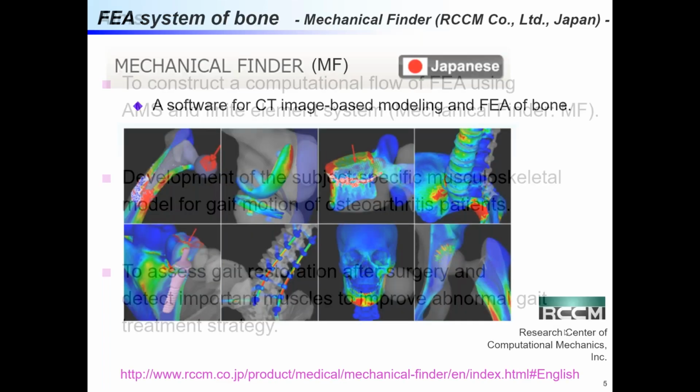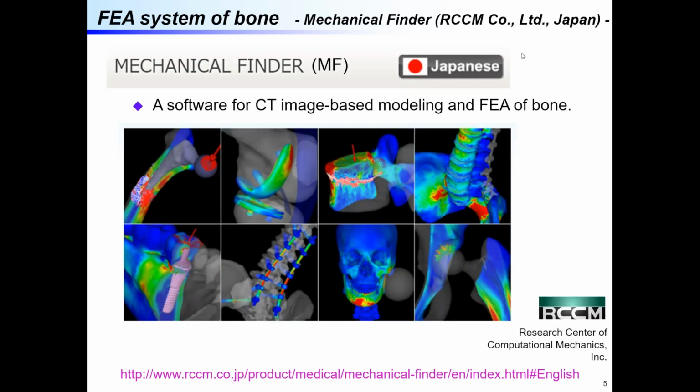So let me introduce Mechanical Finder first. Mechanical Finder is a famous software made in Japan, which is specialized for CT image-based modeling and FEA of bone, and is widely used, especially by medical researchers and engineering researchers.